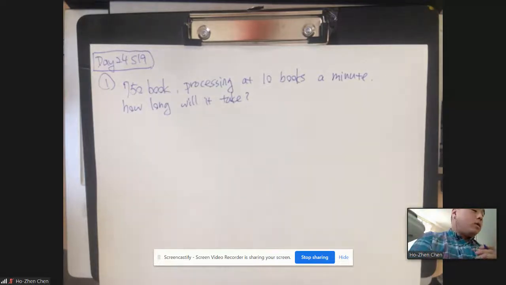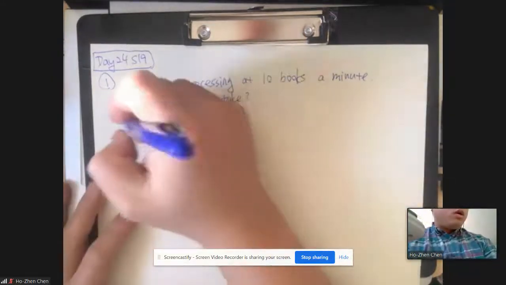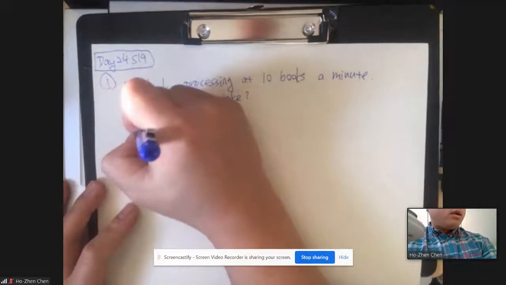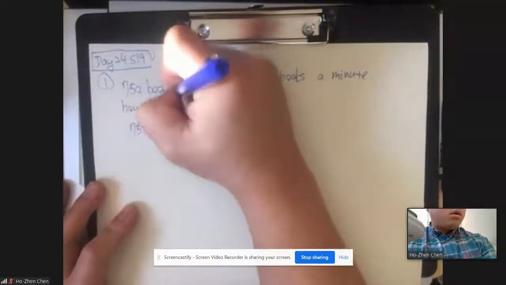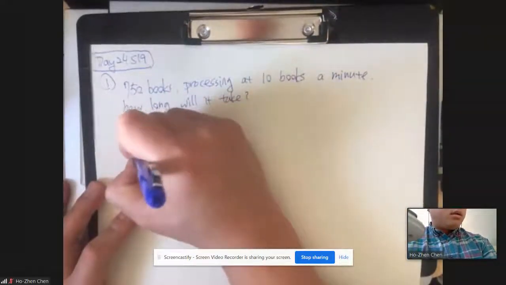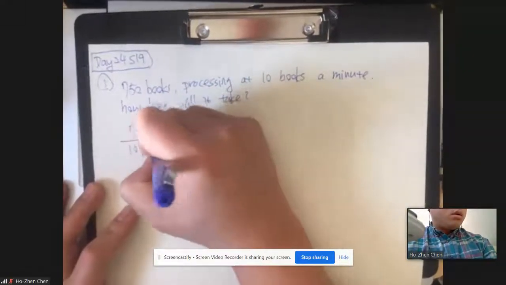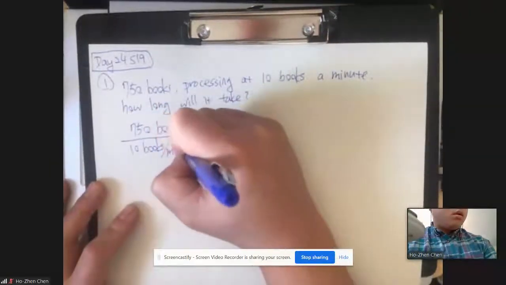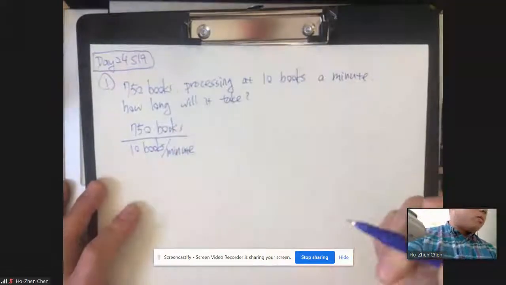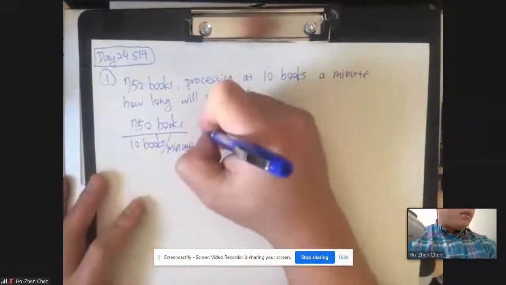The faster way to think about this is how many times does 10 books go into 750 books. You can do this by doing 750 books divided by 10 books per minute. I should have written the per, but here we go.